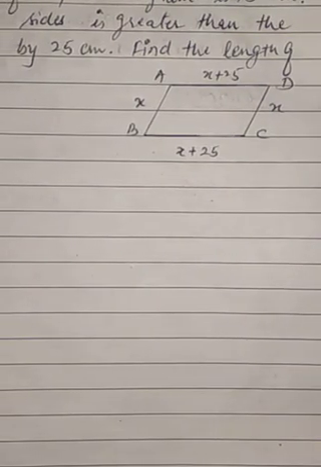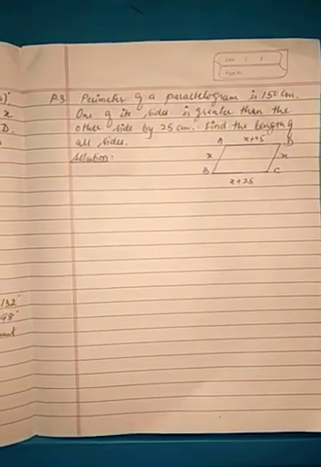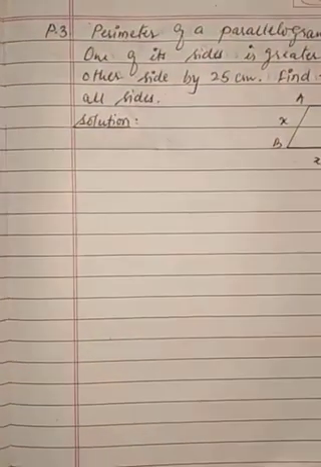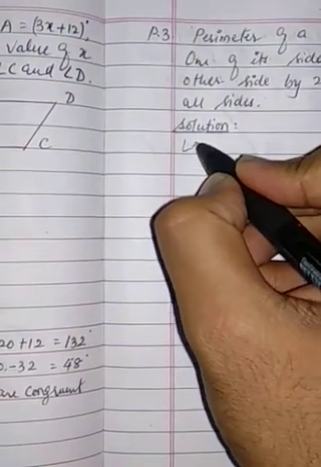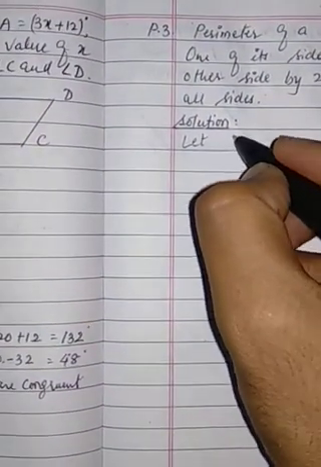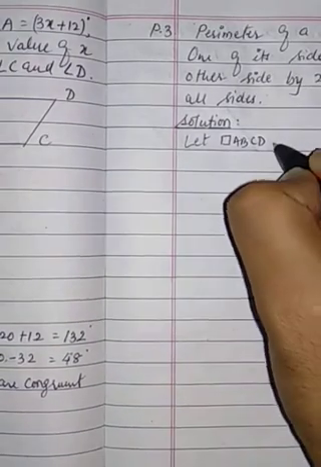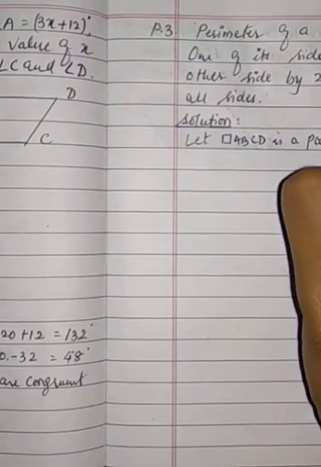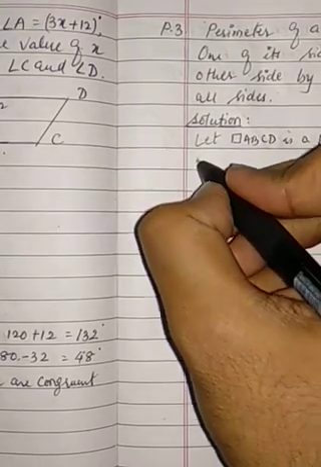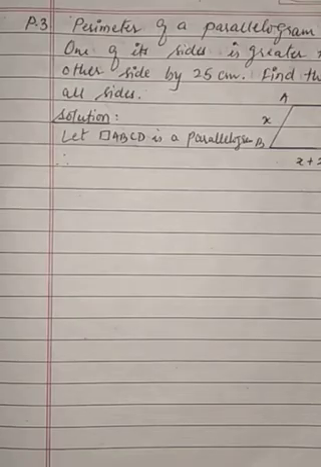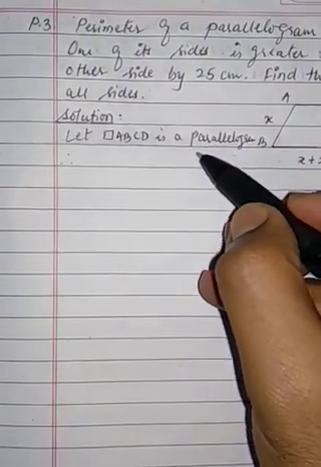Okay. Now you already know that perimeter means sum of all sides. So students, now we can apply this property here. So we start with the assumption. Let quadrilateral ABCD be a parallelogram. So students, we assume here quadrilateral ABCD is a parallelogram.